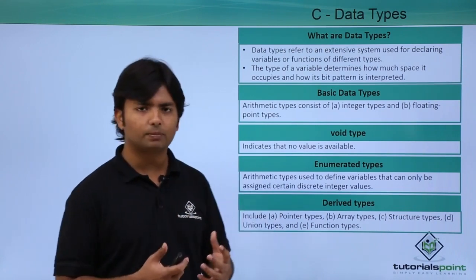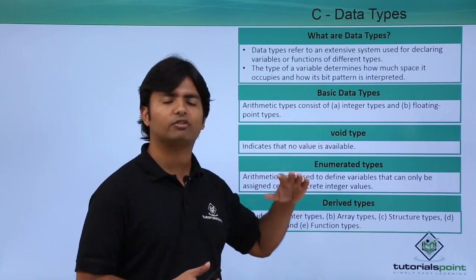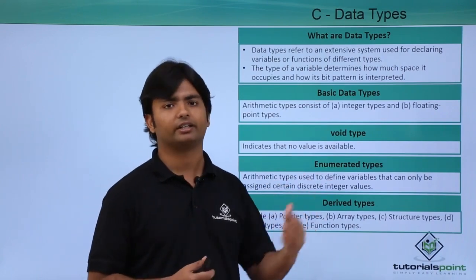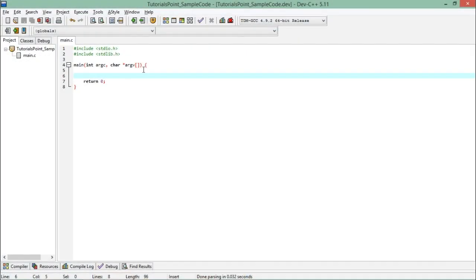So let's quickly see practically how we can define variables of various data types. Inside this main method, if I want to define a variable of a specific data type, I can simply use the name of the data type. For example, here I have used int, and after that I can give the name of the identifier through which I can use it further in this program.